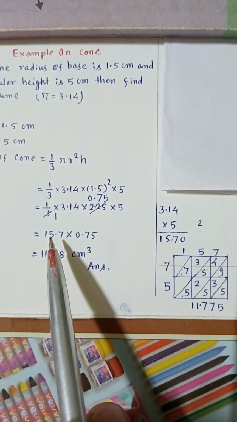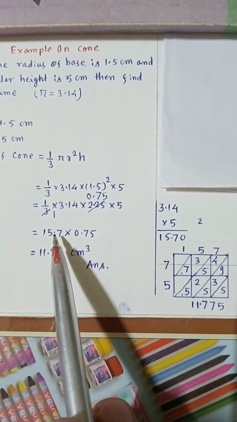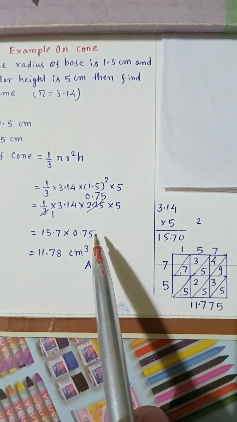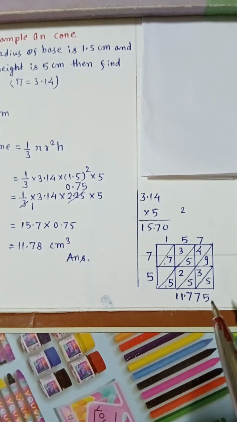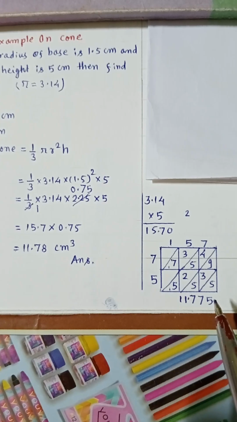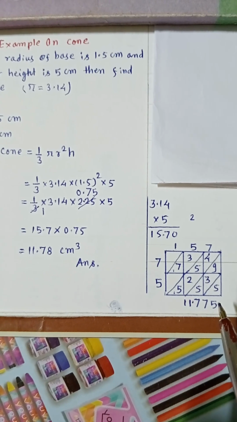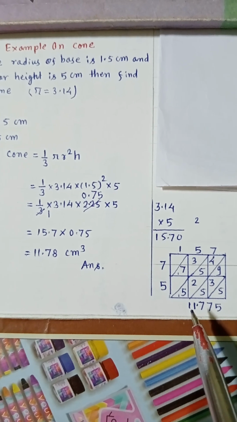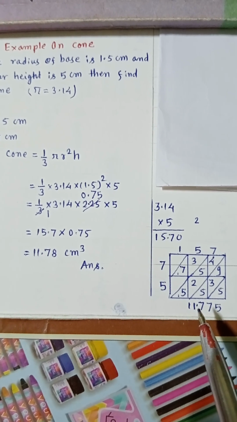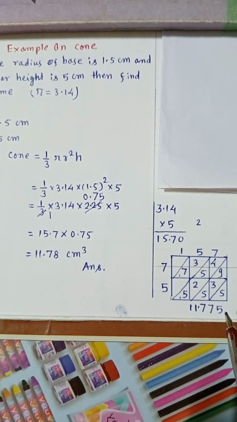Here is 1 digit after decimal point and here are 2 digits after decimal point. 2 plus 1 is 3. We have to give decimal point before 3 digits, that is multiplication is 11.775.